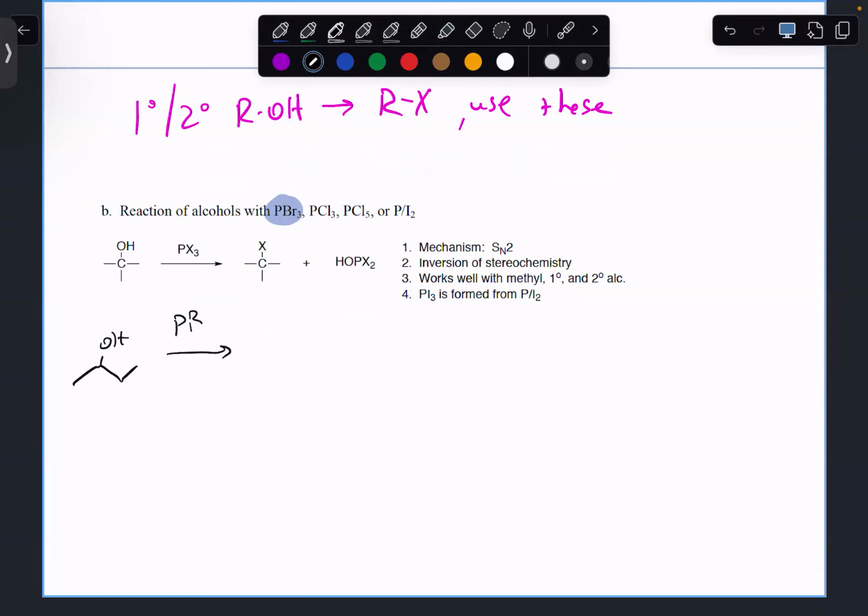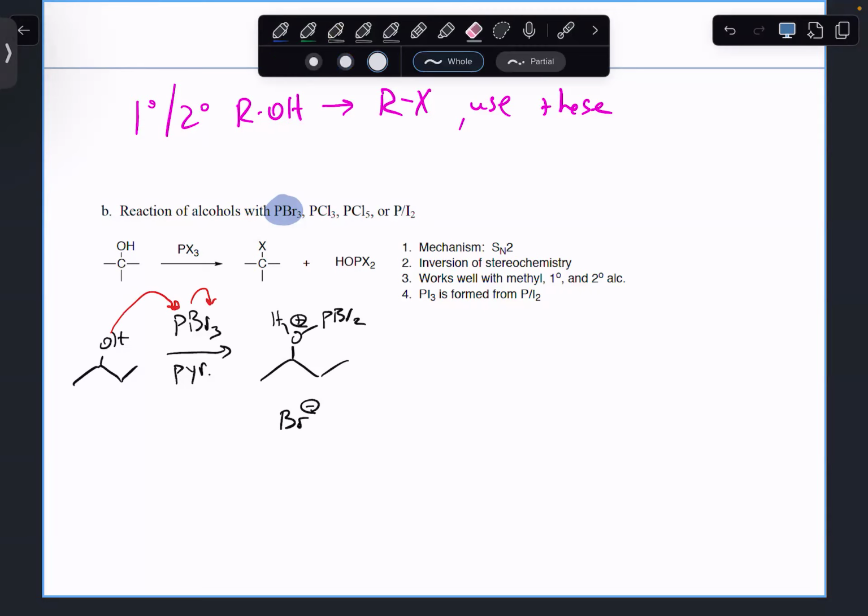If you treat this with PBr3, the alcohol is going to attack the phosphorus, and that's going to kick out one of the bromides. So you're going to end up making this. Notice you've got PBr2 stuck on the oxygen because we kicked out a bromide as the oxygen attacked.